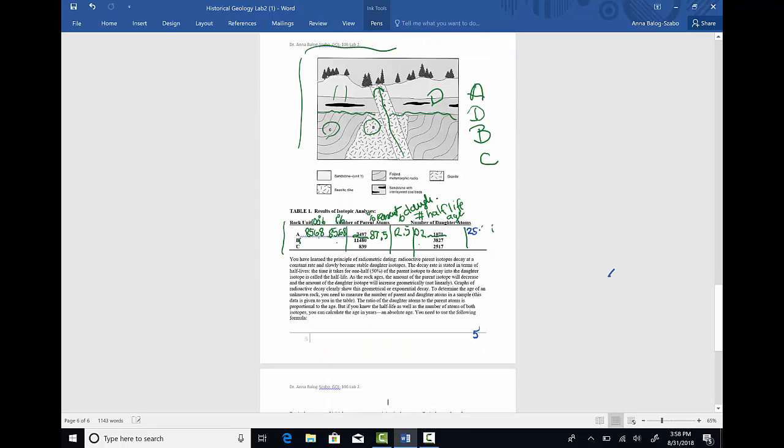I just put mil. 250 million. When I multiply 1.25 by 0.2, I'm going to get 0.25. But because it's 1 billion, I have to multiply that by 100, so that gives me the 250.